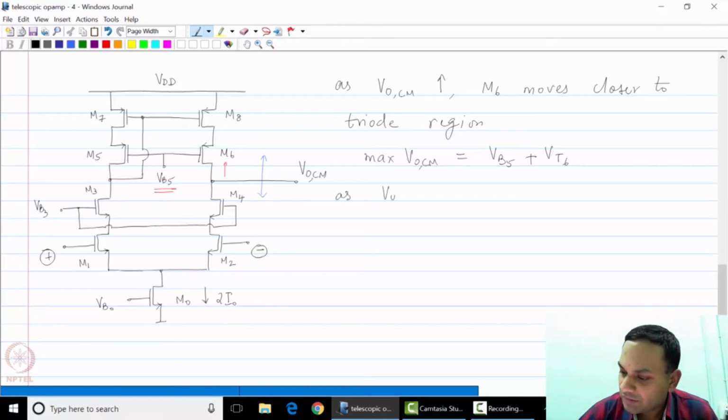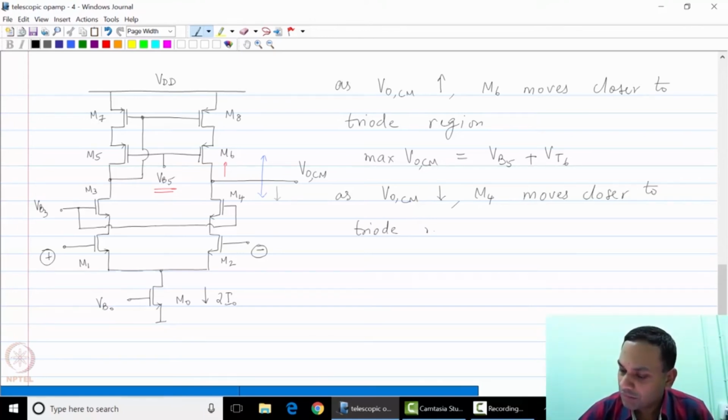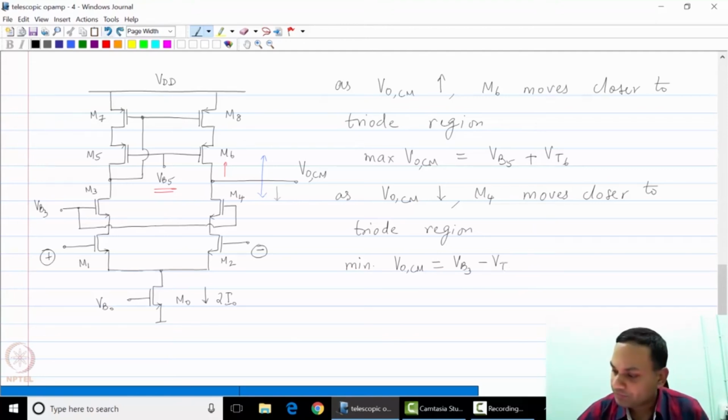Similarly, as VOCM decreases, you will find that the gate of M4 is constant and M4 moves closer to triode region. This means that the minimum value of VOCM is nothing but VB3 minus VT4.